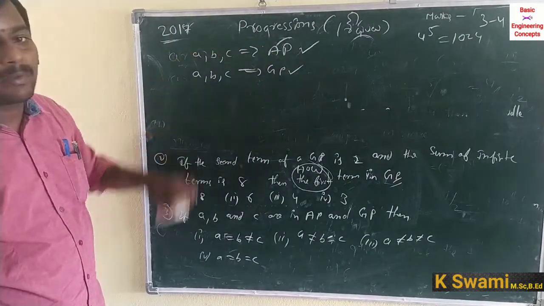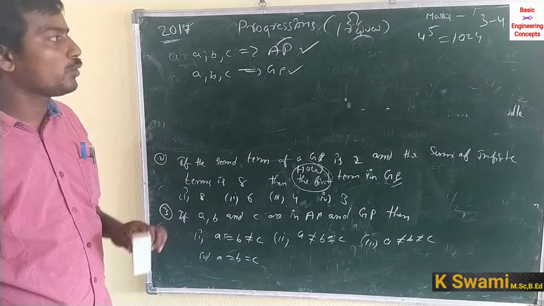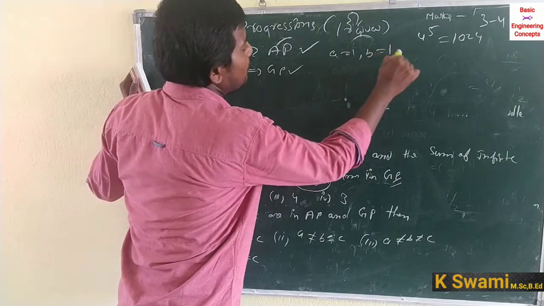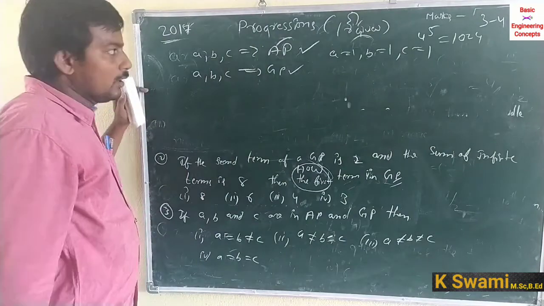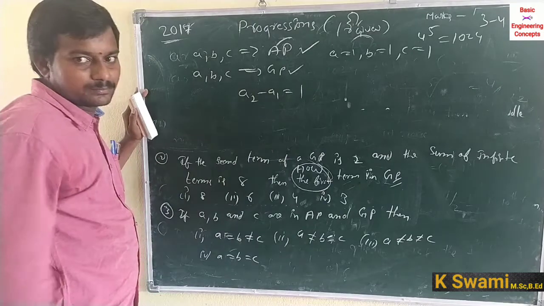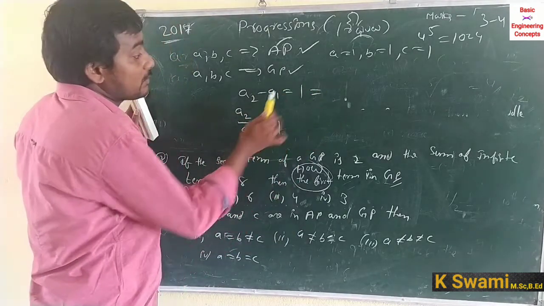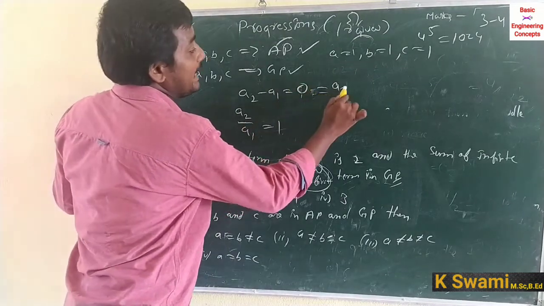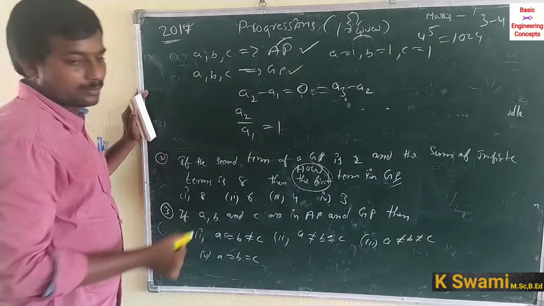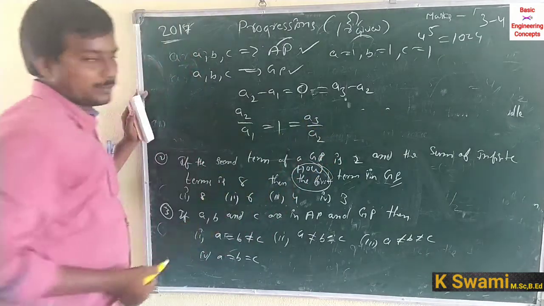In an arithmetic progression there is a common difference, in a geometric progression there is a common ratio. So both must be the same. For supposing a is equal to 1, b is equal to 1, c is equal to 1. So a2 minus a1 is equal to 0, and a3 minus a2 is also 0, 1 minus 1 is 0, and 1 minus 1 is 0. And a2 by a1 is equal to 1, and a3 by a2 is equal to 1.